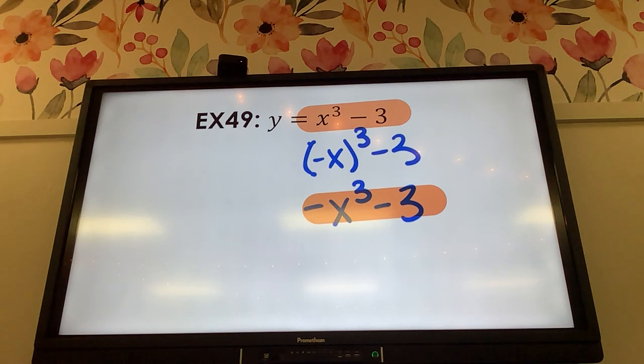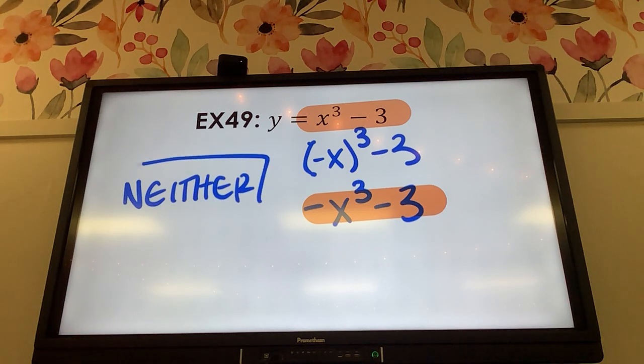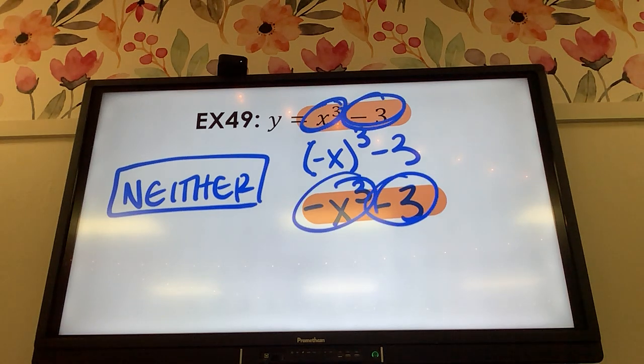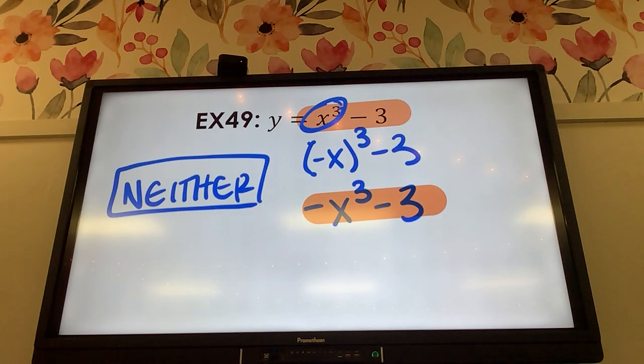No. Is everything opposite? No. So it's not everything's opposite, it's not all the same, so this would be a neither. If it's odd, everything has to be opposite. So the x cubed is opposite, but this 3 stayed negative. So that's why we're going to say that this one is neither.